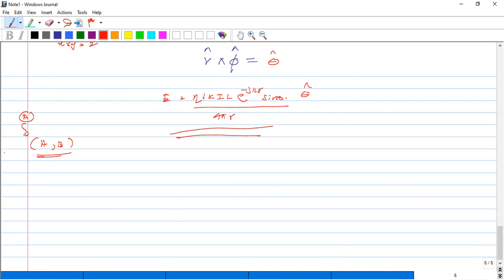Once you find the H and E field, there are some other important parameters related to the antenna, and you can find them. So we will see another very important parameter, that is called average power density, the average power density of an antenna.